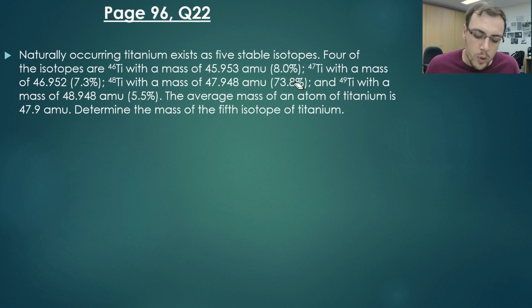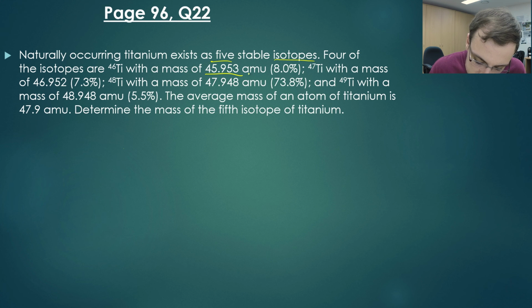Okay, so let us move forward now to question 22, page 96. Quickly scanning through this question, I'm seeing that it's going to be involving 5 isotopes. So we've got a lot of mass numbers and we've got percent abundance. That takes me to the equation that I showed you in the previous video, where the average atomic mass is equal to the mass of that isotope times its percent abundance.